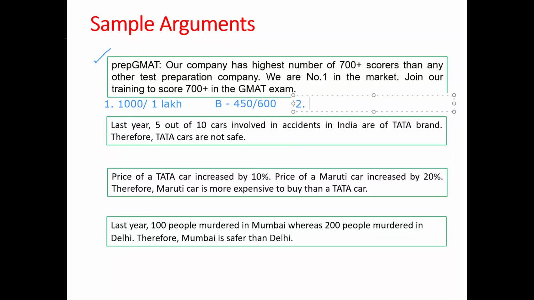And the second logical flaw you can identify is the establishment period. In how many years of establishment did you get this number? For example, PrepGMAT was established some 20 years ago, and within a span of 20 years, they got this number. Whereas company B got this number within some 5 years.